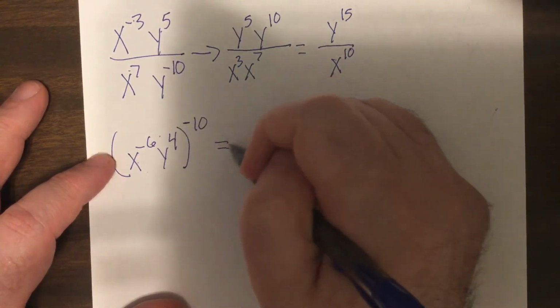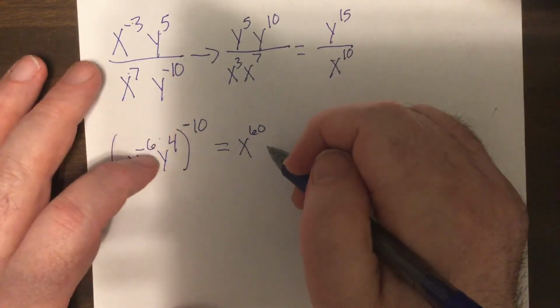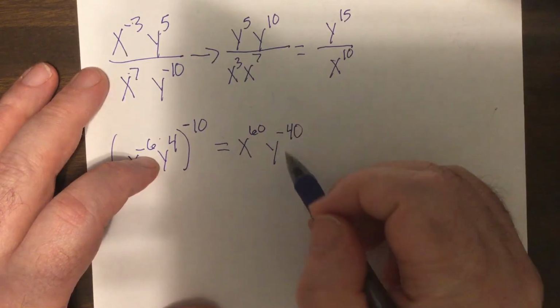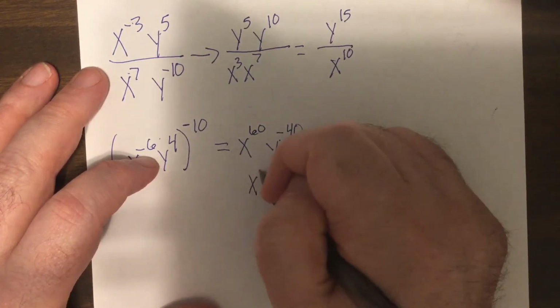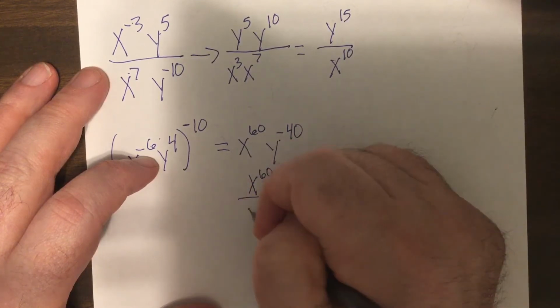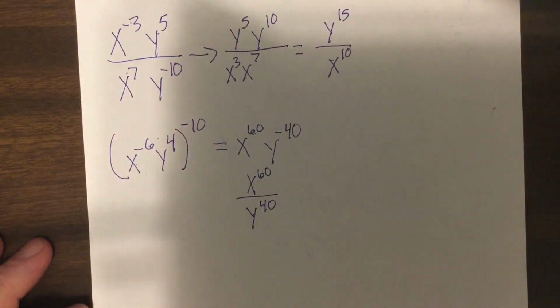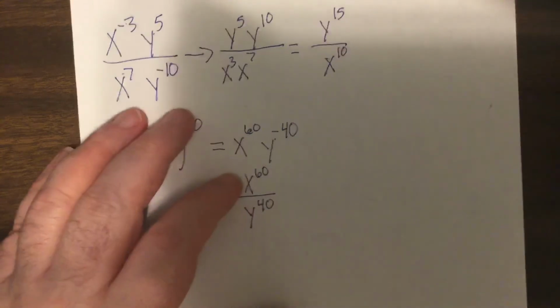So this would be x to the 60th, because two negatives make a positive, y to the negative 40th. But oh my goodness, the negative power, move it on down. And then that's your answer, because no more negative powers. There's a rule that says your answer cannot have a negative power in it, unless it's scientific notation.